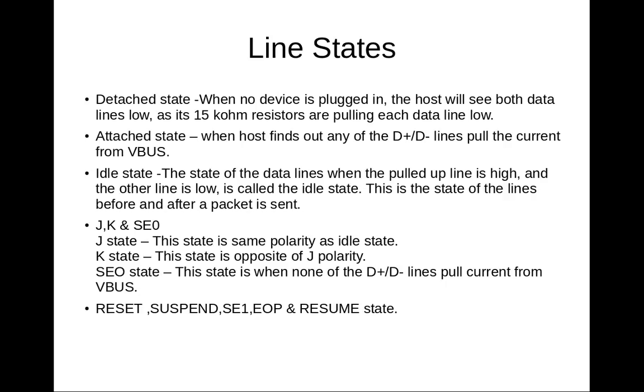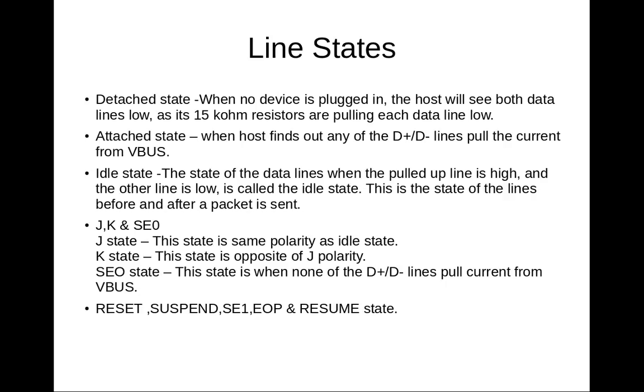Now idle state is the same as attached state for a particular time, say for some microseconds. So anyone pulls the line low, there will be a transition in the graph, and that will be idle state.